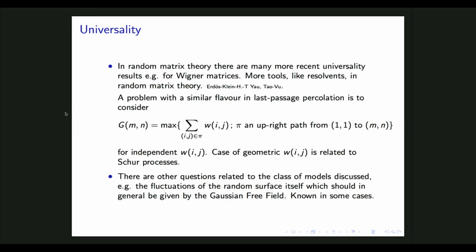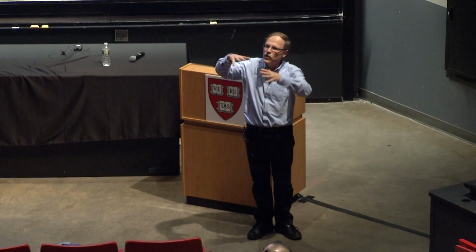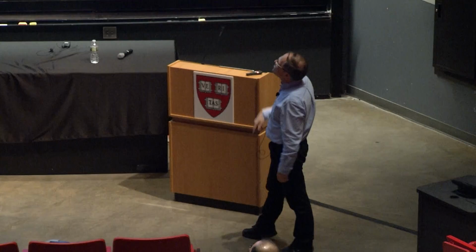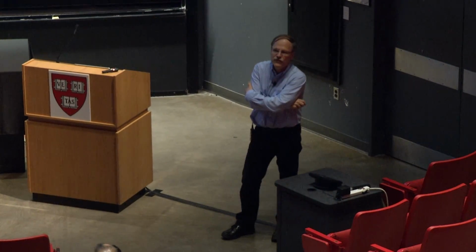Let me just mention at the end here that I indicated we had this random surface. You can, of course, also ask for the fluctuations of the surface itself. So you subtract the limiting surface from the random surface and look at how this fluctuates. This is known to converge in certain cases to the Gaussian free field.